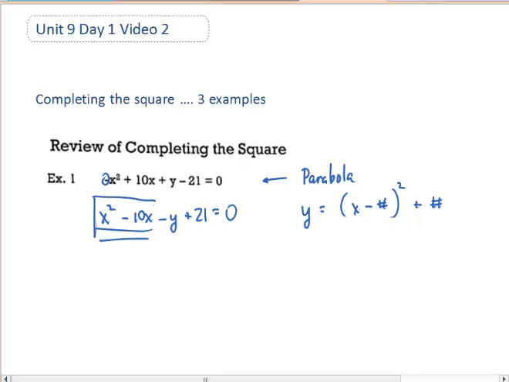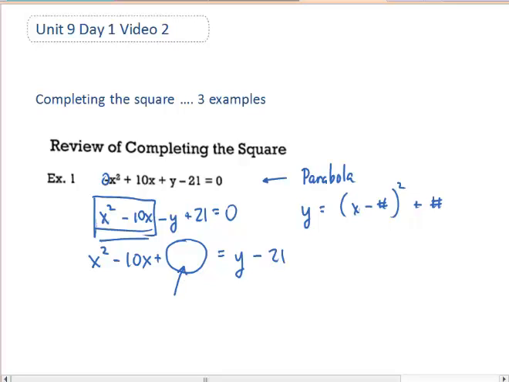So anything with an x in it, I'm going to leave over on the left side, and I'm going to move the y over to the right. I'm going to put 21 over to the right, and I'm going to just play around with x squared minus 10x. So basically I'm clearing out the equation so I can make room to pick this perfect number to make this a perfect square trinomial.